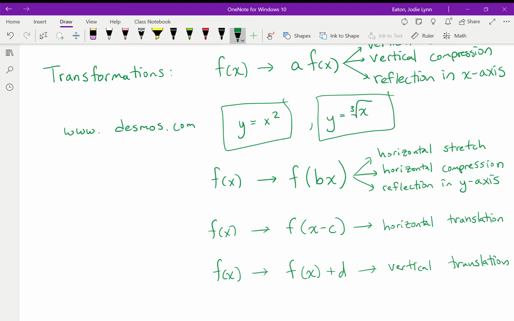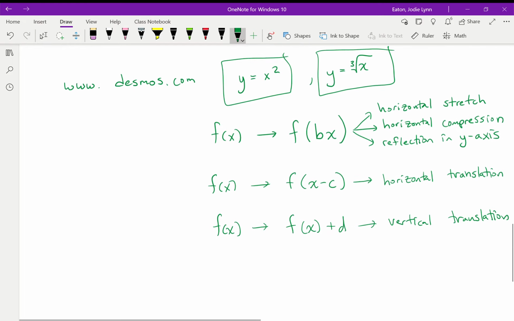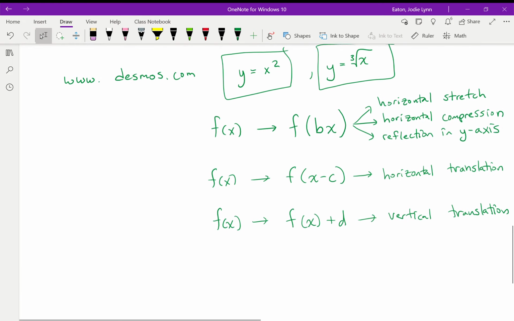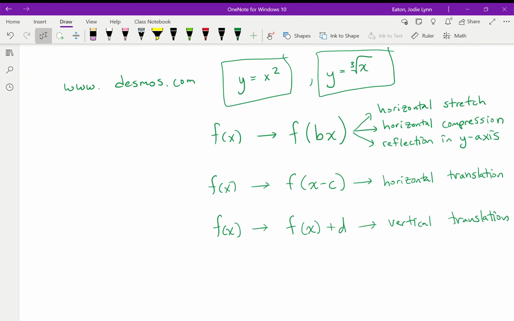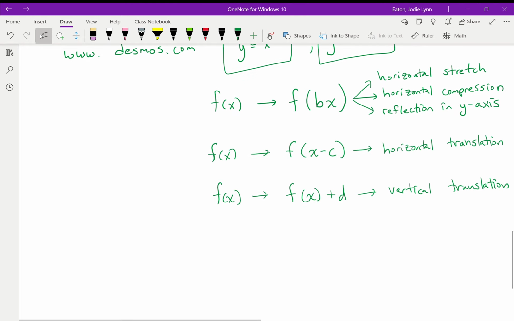And then see how the order matters. What happens if you're multiplying by b first before you subtract c? How much does that shift it? How does that work? These are rules that were come up with by people investigating it. So I really do urge you to go and investigate it.